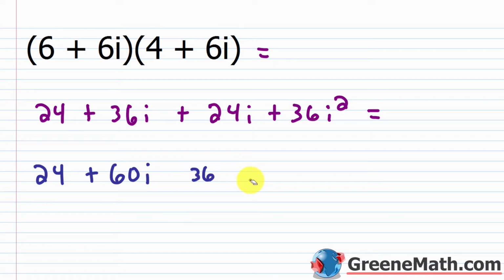So I can erase this and put minus 36. And now I can combine 24 and negative 36 as negative 12. So I want the negative 12 out in front, because that's the real part. Then plus, I want the 60i in the back, because this is the imaginary part. So negative 12 plus 60i is your answer in standard form.